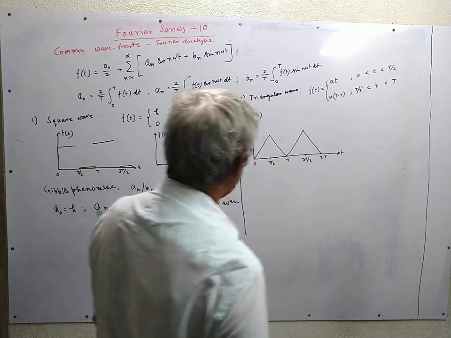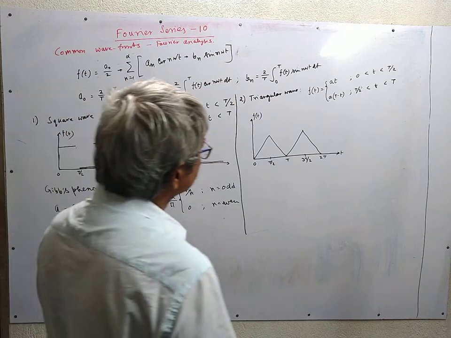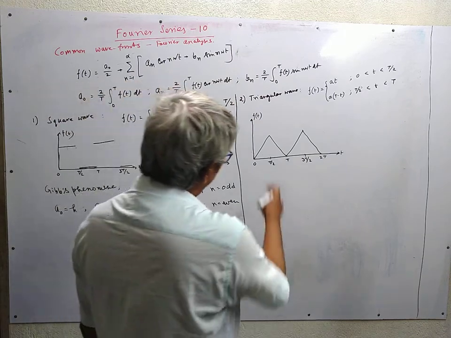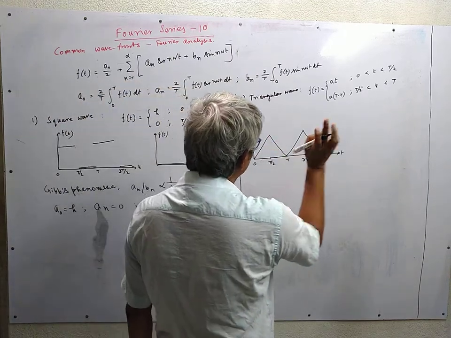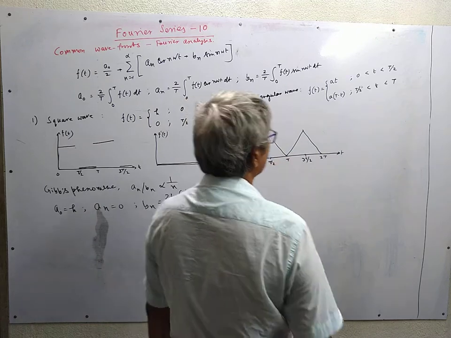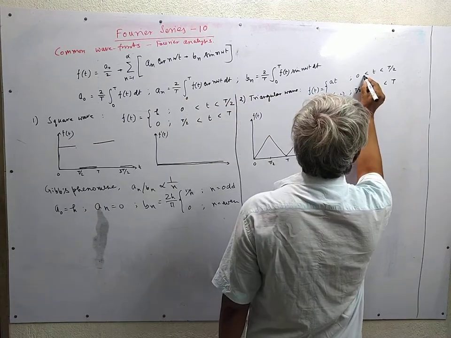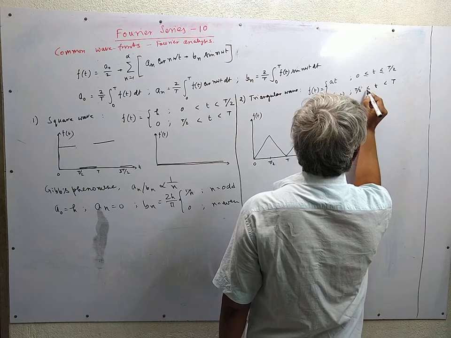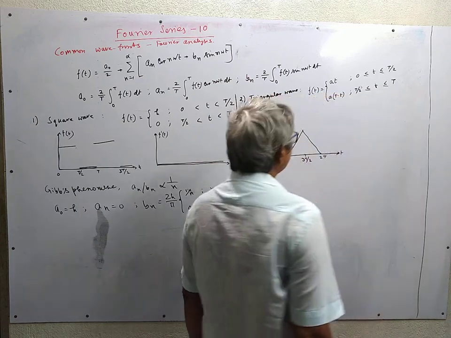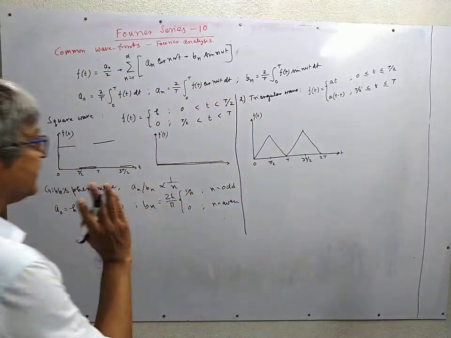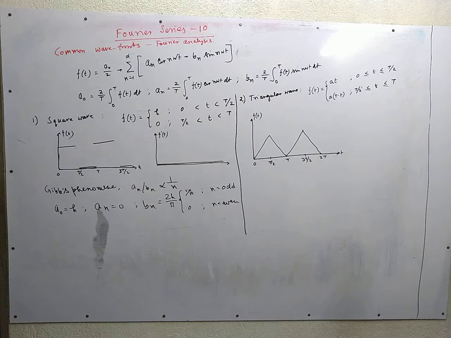That's why it is the triangular wave. So notice that the function is continuous at T by 2 as well as at T. So we write the equal to sign. So be careful in putting the equal to sign in the definition of the function. This point I haven't considered earlier, and it is done deliberately.